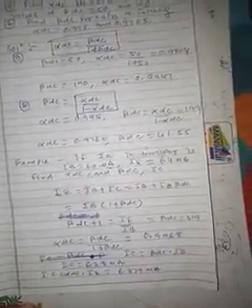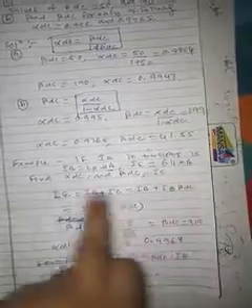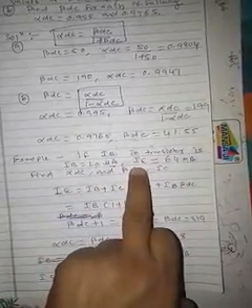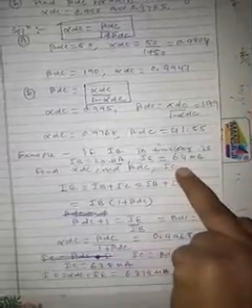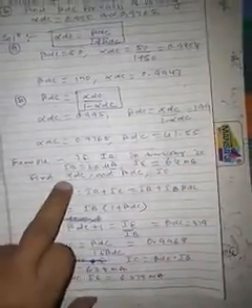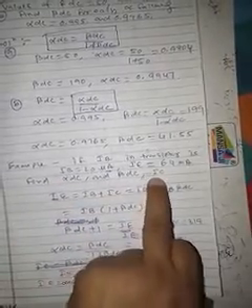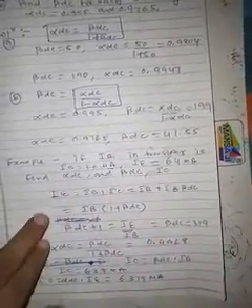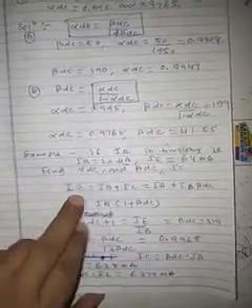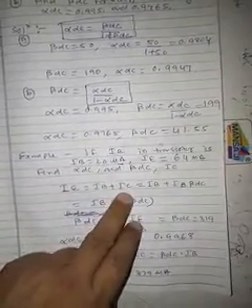Next example: IB in a transistor is 20 microamps and emitter current IE is equal to 6.4 milliamps. You have to find alpha DC, beta DC and the collector current. IE, we already know, is the sum of IB plus IC.